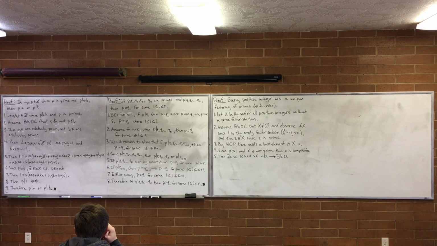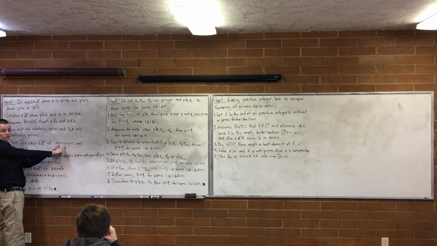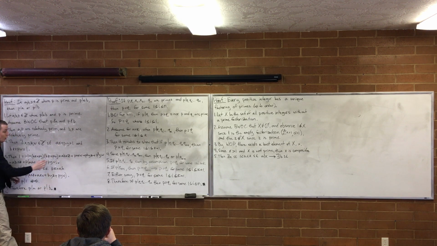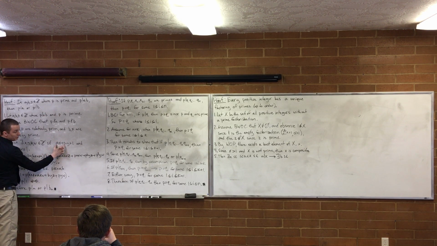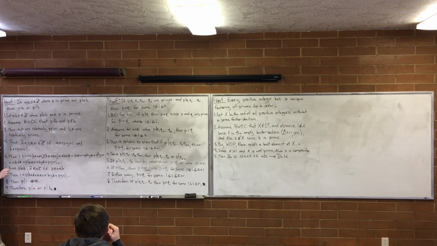Here's the theorem that I told you we were going to use the second most in this chapter. It's the theorem that if two numbers are relatively prime, then some sum of multiples of those numbers produces 1. So if A and P are relatively prime, then there exist integers x and y such that this sum equals 1.